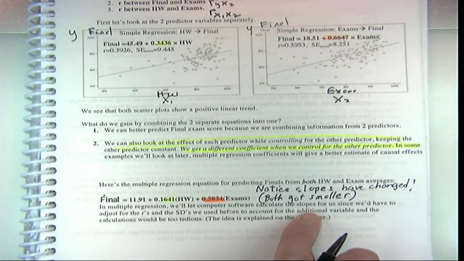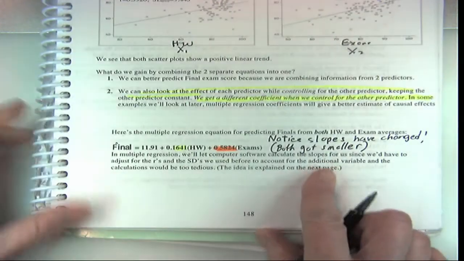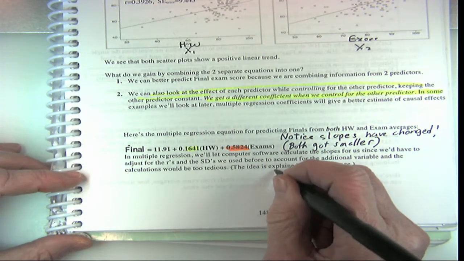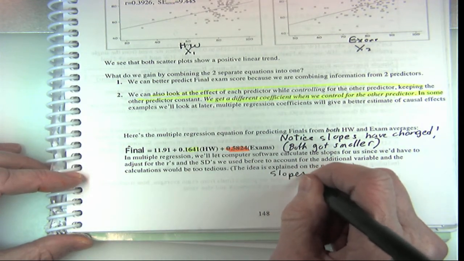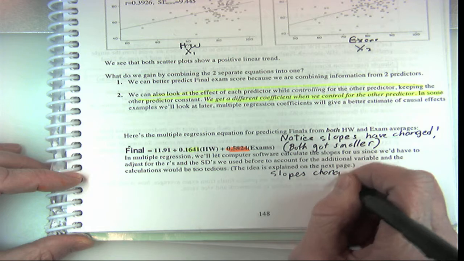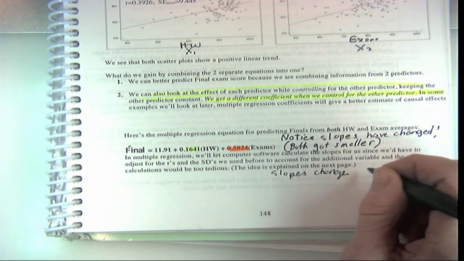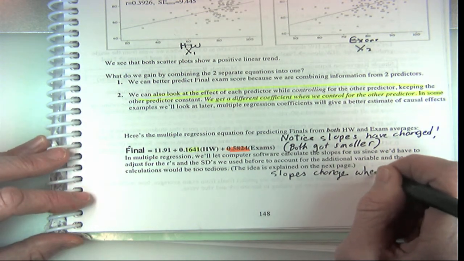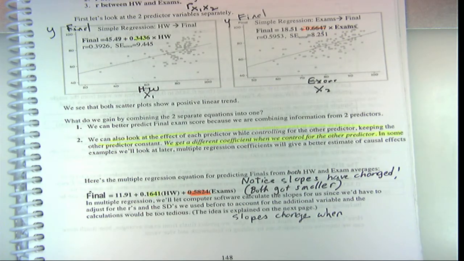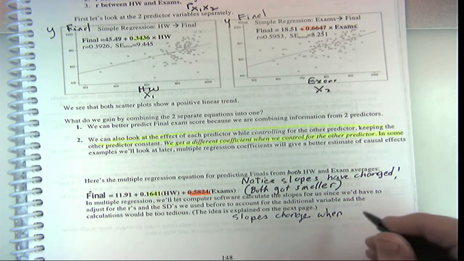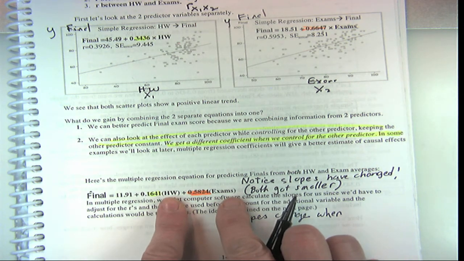Okay, and so why do they change? Well, the slopes change whenever the two, excuse me, can you see here? Whenever the two predictor variables, like exams and homework, are correlated.